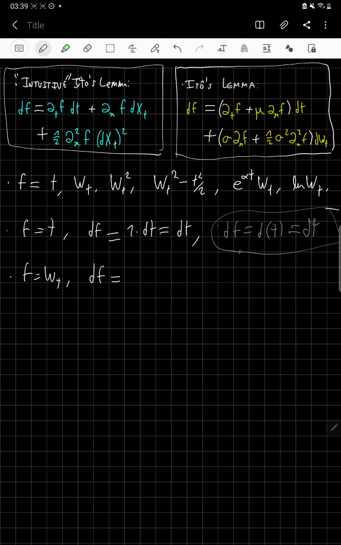Let me be very clear with what I mean by this. f(t, Wt) is going to equal Wt, so it's defined as Wt. Now, to be clear, this is how you do it. There's a thing that might be unclear here.